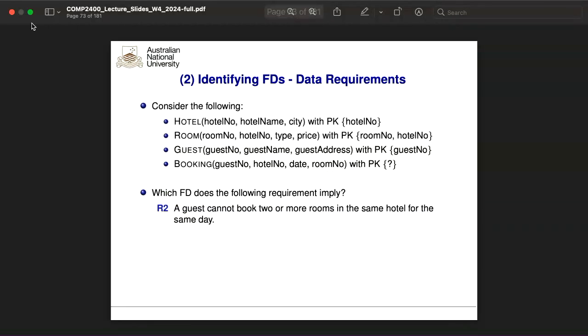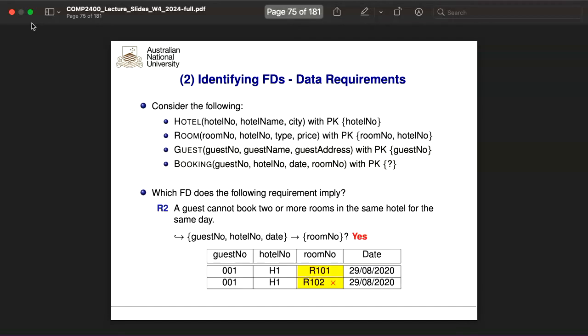How about the second one? A guest cannot book 2 or more rooms in the same hotel for the same day. Yes, this is a function dependency we could have.